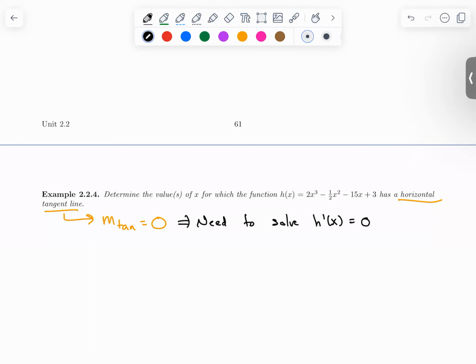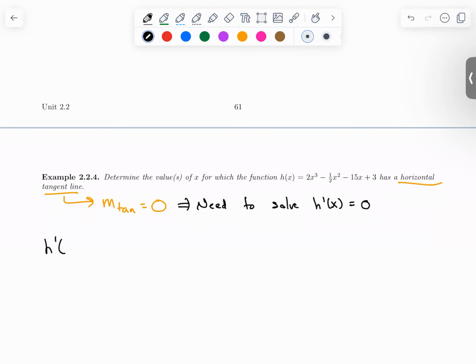It's fun. So h prime of x is 6x squared minus x minus 15 and then plus 0. That doesn't do anything. And we're going to set that equal to 0. You can use whatever method you want to factor it, or since we're not going to really be doing anything with the factorization, you could use the quadratic formula.